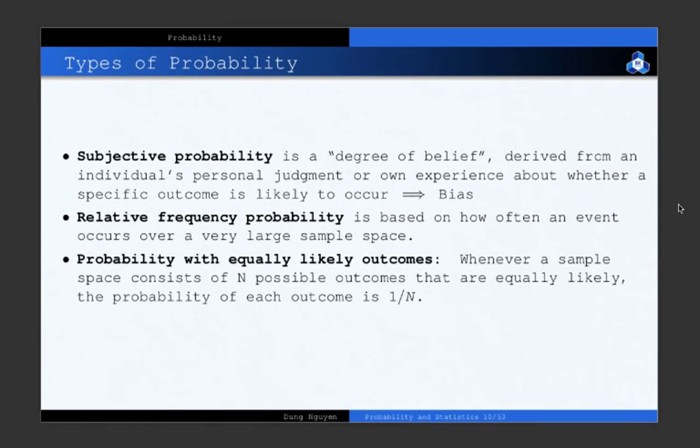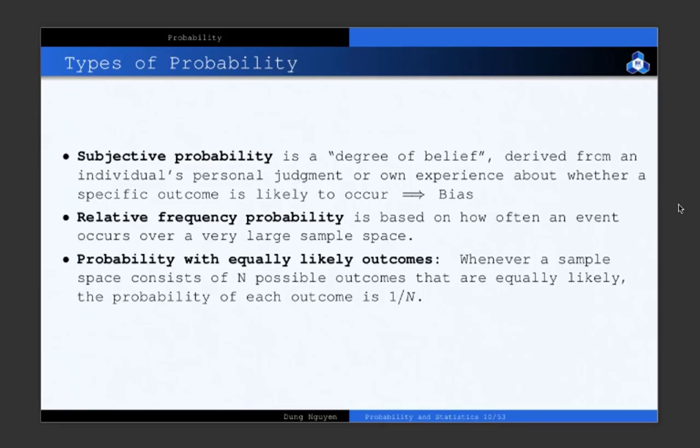How about the probability with equally likely outcomes? When you flip a coin, there are two possible outcomes. You may get a head or a tail. Therefore, the chance to get a head is 1 over 2, and the chance to get a tail is also 1 over 2.